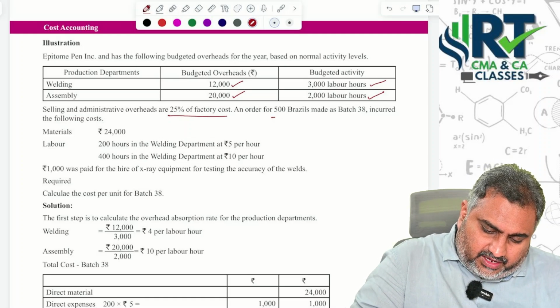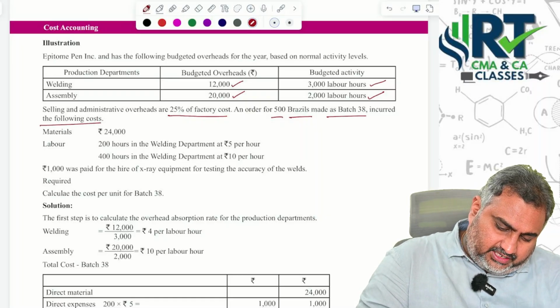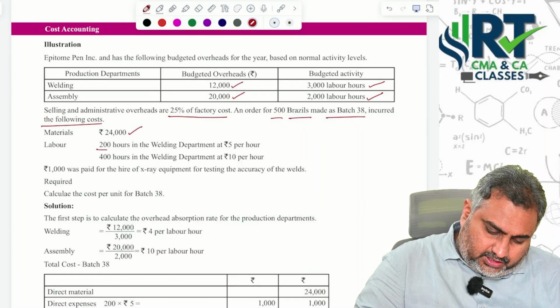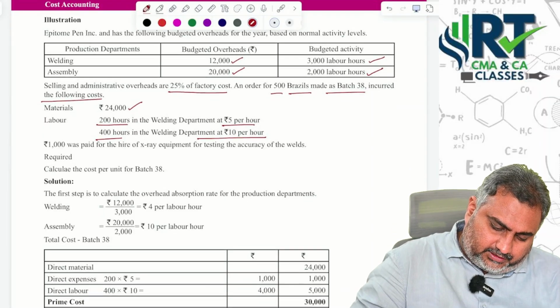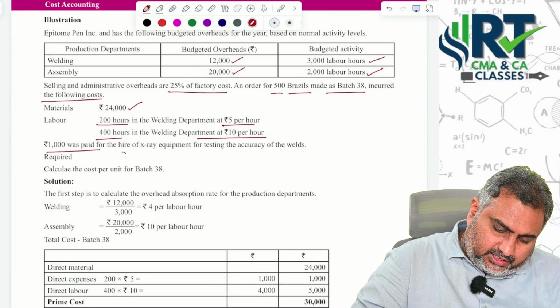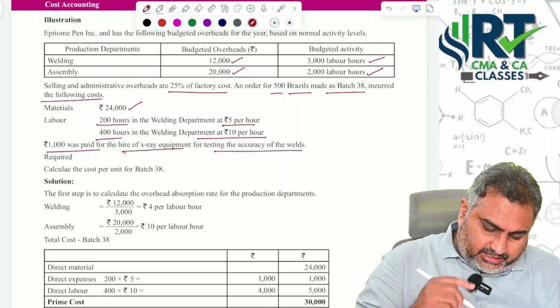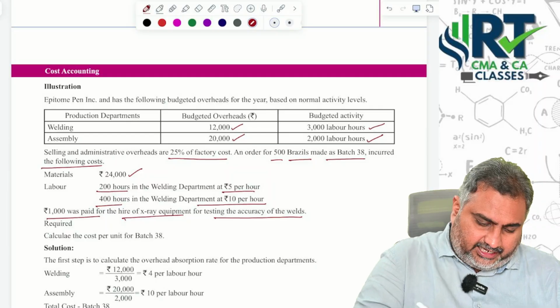An order for 500 units made as batch number 38 incurred the following costs. Materials 24,000; labor 200 hours in the welding department at 5 per hour, 400 hours in the assembly department at 10 per hour. 1000 was paid for the hire of X-ray equipment for testing the accuracy of the welds. Calculate the cost per unit for batch number 38.